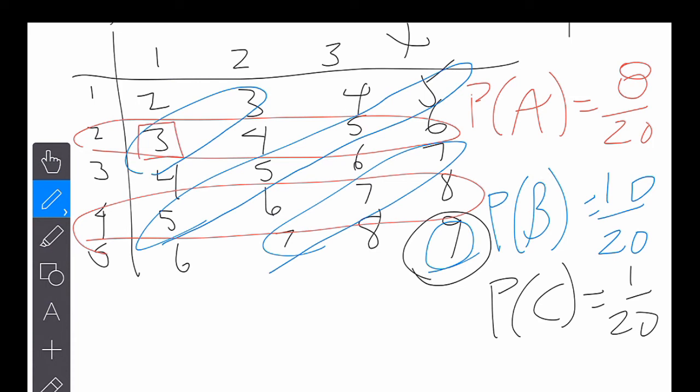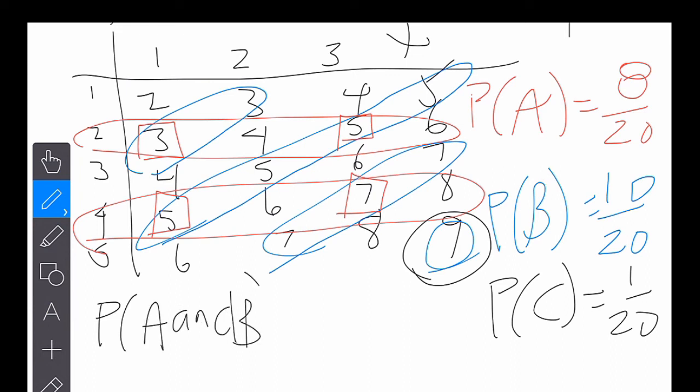That one, that one, that one, and that one. So there's 4 places, 4 outcomes where A has happened and B has happened. Okay, so those are A and B. The probability is 4 out of all 20. That's the probability. You can simplify that. I'm just going to leave it like that.